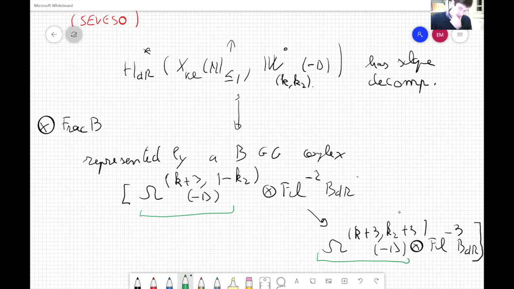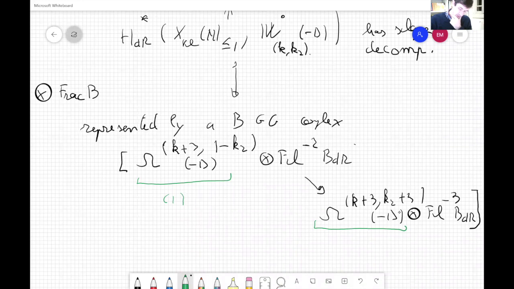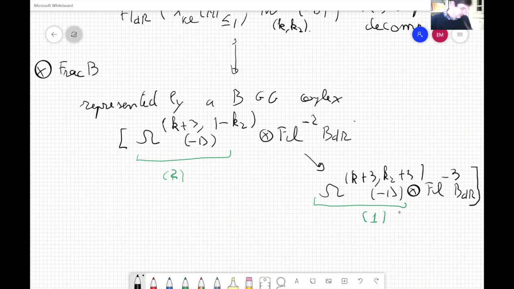Okay. So for example, in the H3, you will have the H0 of this first sheaf appearing, and you have an H1 of this sheaf where 1 minus K2 tends to be very, very negative. And thanks to actually work of Dunston again, using this complex away from the bad things that you need to invert in order to work over Frac B, we also have a comparison with the classical coefficients.